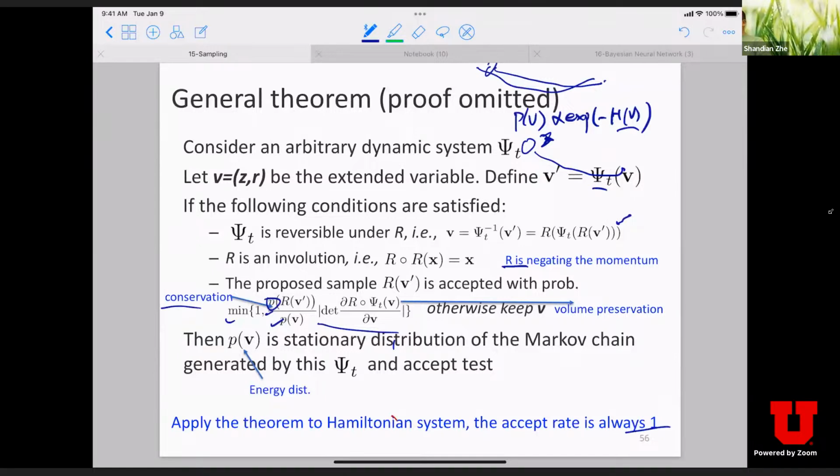But here, the Hamiltonian system not only guarantees acceptance probability 1, but also allows you to move an arbitrarily long distance. So if you use that to generate samples, you can explore the whole sample space very, very efficiently. That's why it's so promising. Any questions so far?